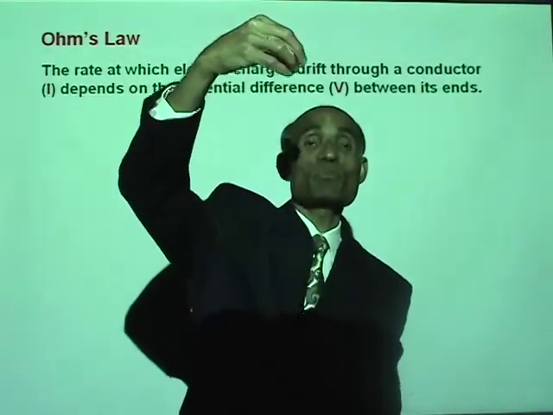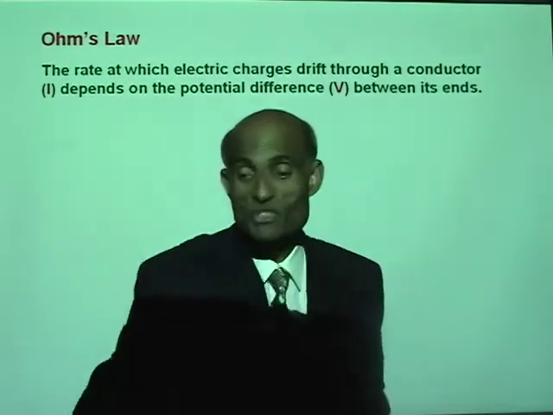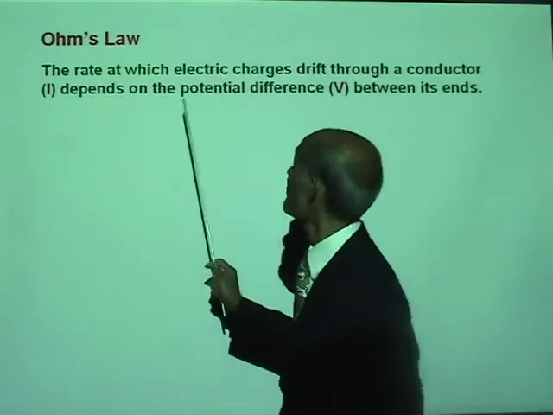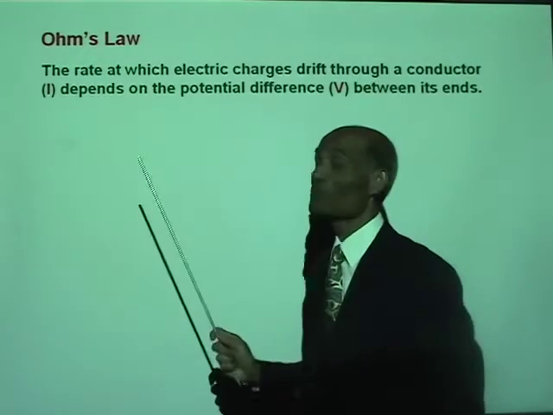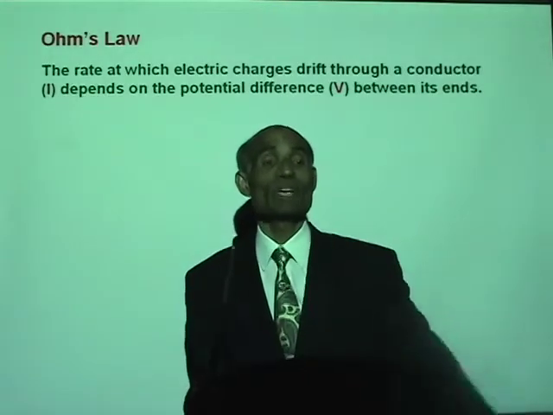If you increase the potential difference, the flow rate will increase. In the same way, in electricity, if you increase the potential difference, the rate of flow of charge will also increase.